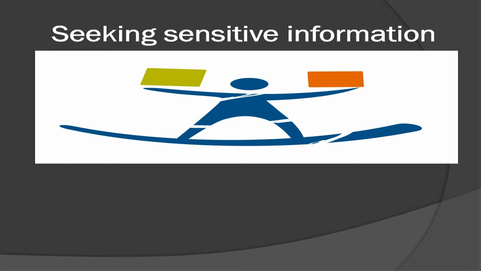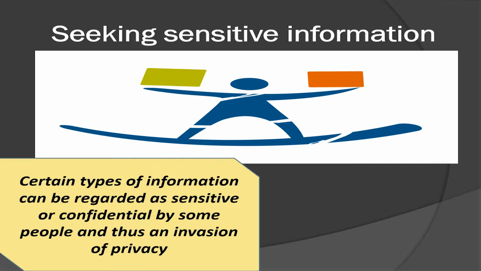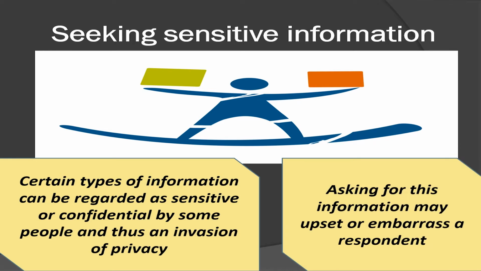The next is seeking sensitive information. Information sought can pose an ethical dilemma in research. Certain types of information can be regarded as sensitive or confidential by some people and thus an invasion of privacy. Asking for this information may upset or embarrass a respondent.